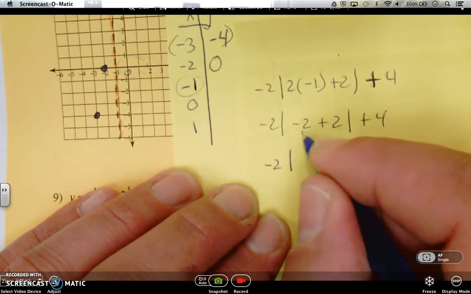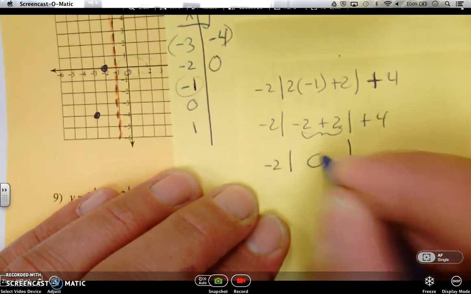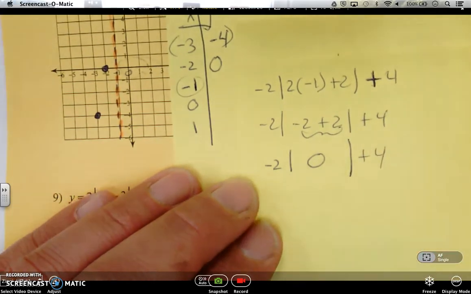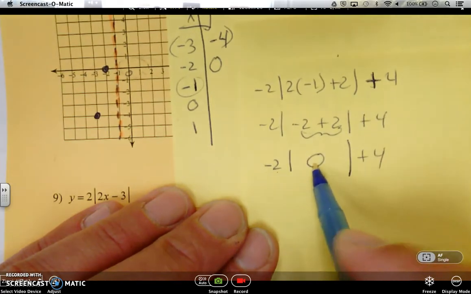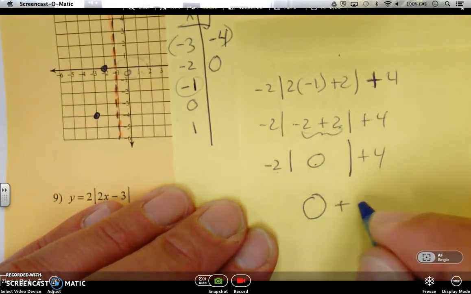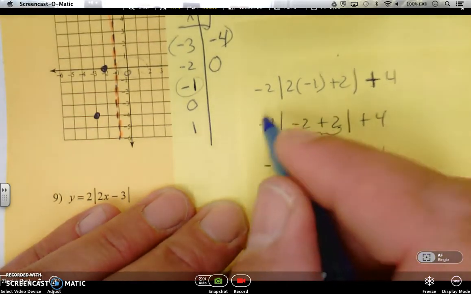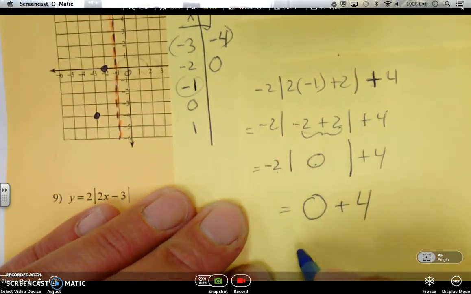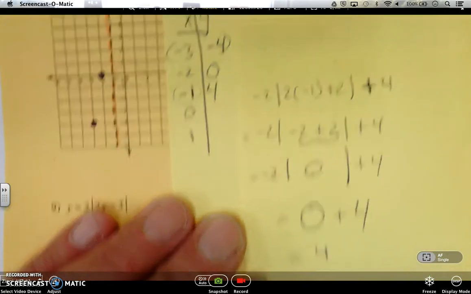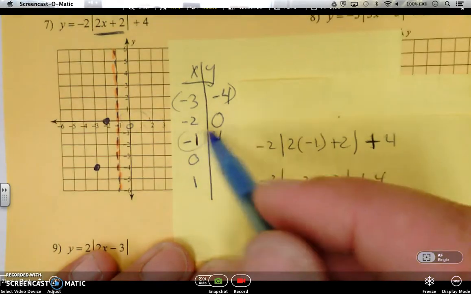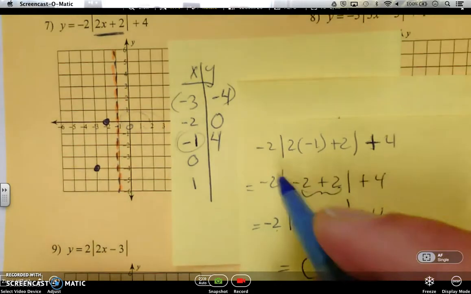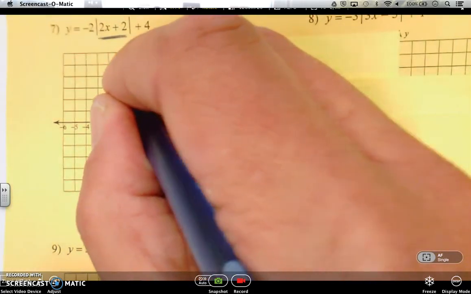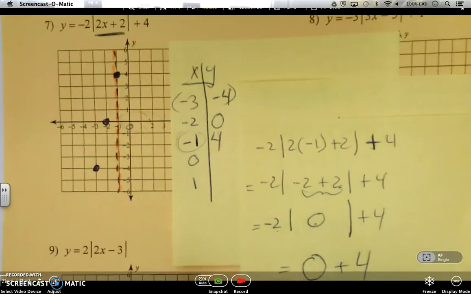This whole thing right here just gives us 0, which is kind of nice. So -2 times the absolute value of 0 would be a big 0 plus 4. And 0 plus 4 would just be 4. Alright, so that's how we've generated 3 points. Took a little bit of work here, but we got our points, -1 and 4. And that's half our graph.